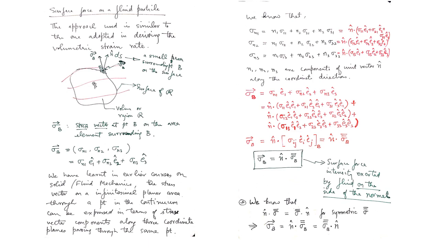Now formally let us consider this material region R surrounding the particle P as I have shown, and on this surface of R I consider a point B, and surrounding this point, the hatched area which I have shown, I have taken a small area on the surface.